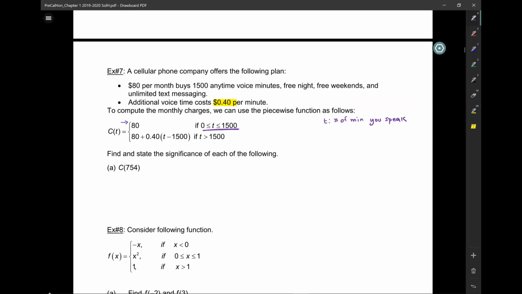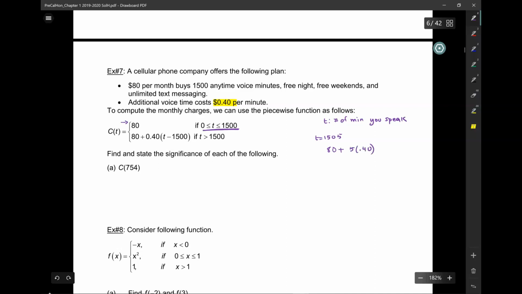Now, let's think about this for a minute. Suppose you spoke for 1,505 minutes. How much are you going to pay? You're going to pay the initial 80 plus how many minutes did you go over? 5 times 0.4. How did Sivan get the 5?